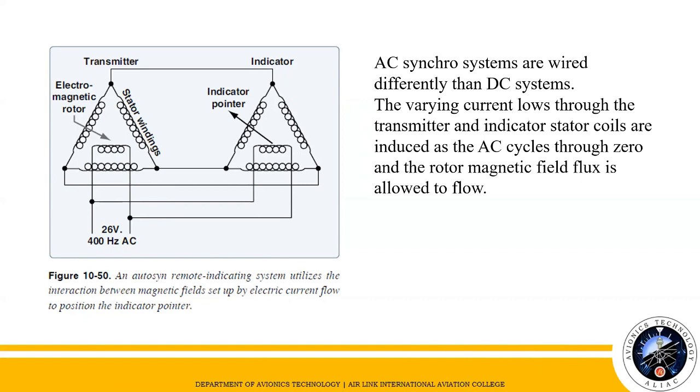So, AC synchro systems are wired differently than DC systems. So, they are varying current flows through the transmitter and indicator stator coils, and induced as the AC cycles through the zero and the rotor magnetic field flux is allowed to flow.